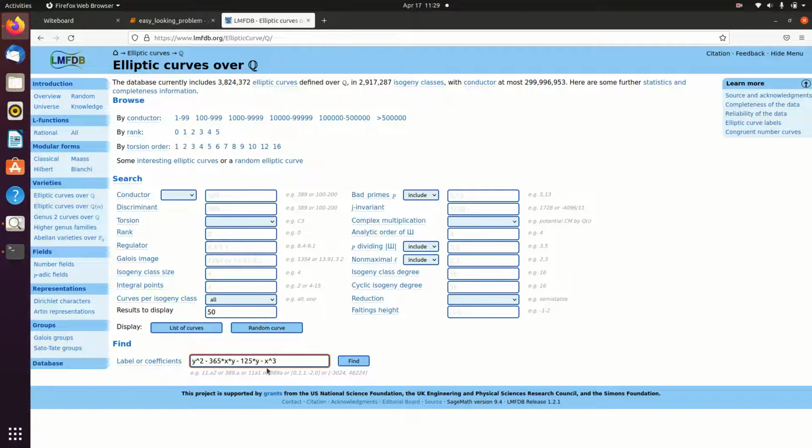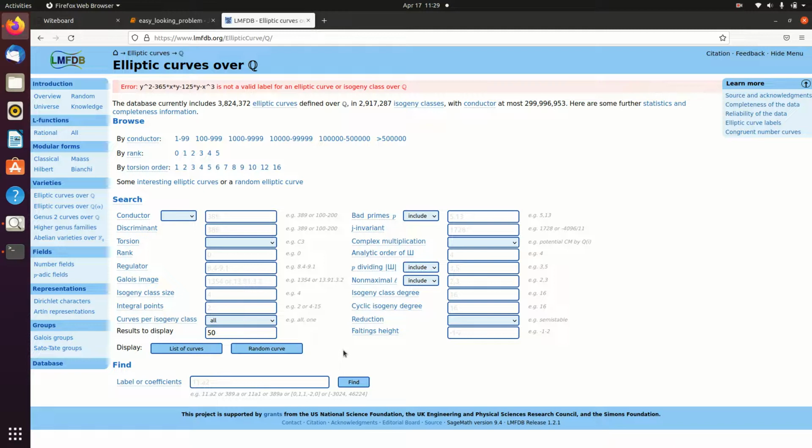So that's our elliptic curve. Okay, we need the coefficients, right.